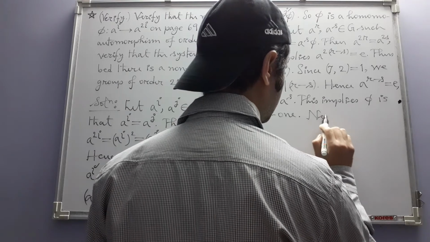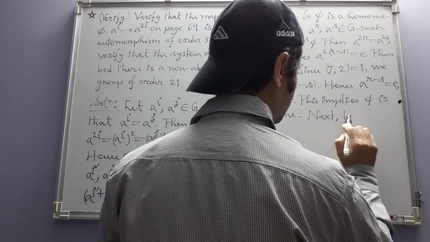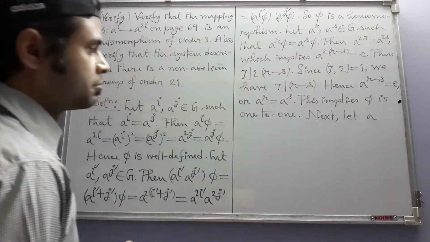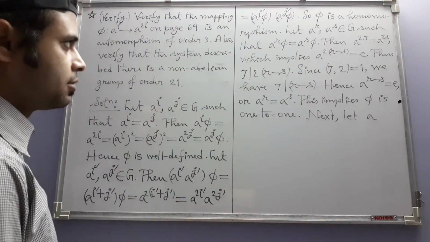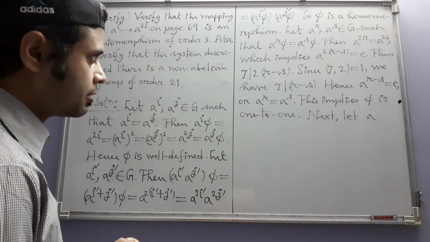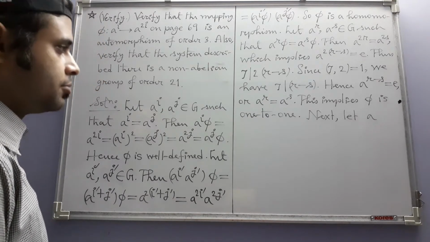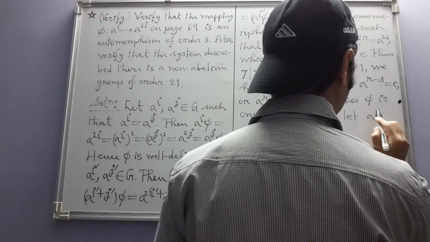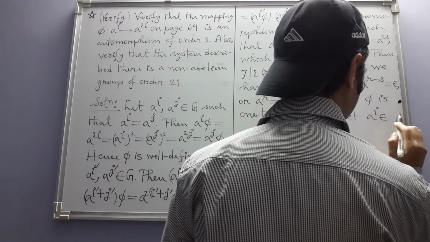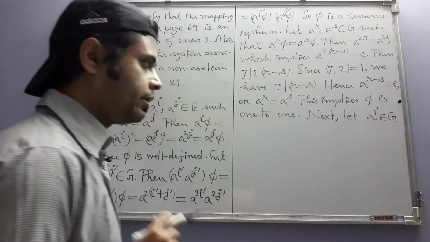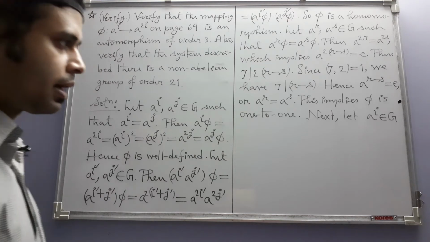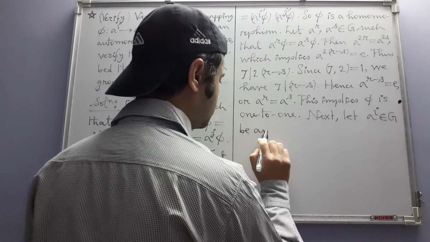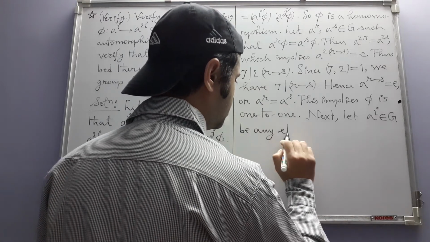Next, let, how many more different exponents shall we take? We have taken i prime, j prime, then r and s. Let's take i and j themselves, because after all these are variables, these are not constants. Let i be any integer, and a^i any element.